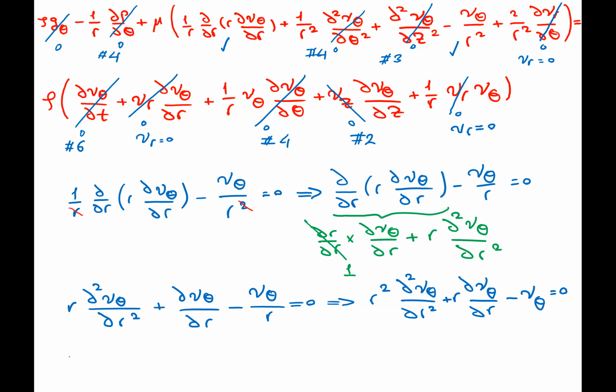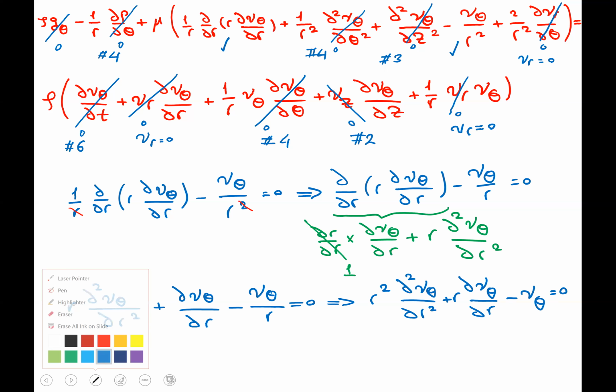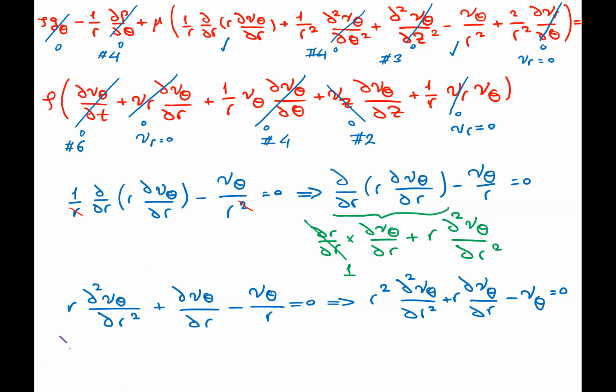So let me write the solution in, let's say, a different color. Let's say the first derivative of v theta with respect to r, let's call this v prime theta. And then the second derivative of v theta with respect to r, let's call this v double prime theta.